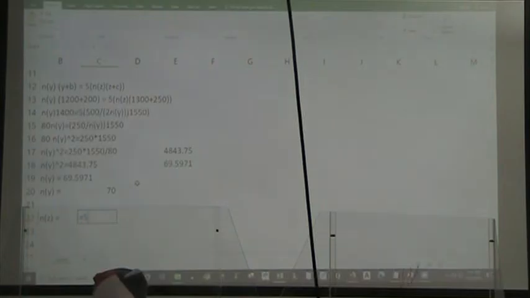So equals 500. We divide that by 2 times ny.